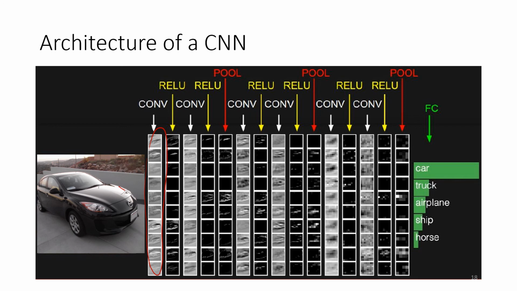For example, if you look at the final layers, what they are sensitive to might be very complex patterns, like wheels of a car, or a nose or eyes of a human face. So this hierarchy in convolutional neural networks is something that is very common and very nice in these architectures.